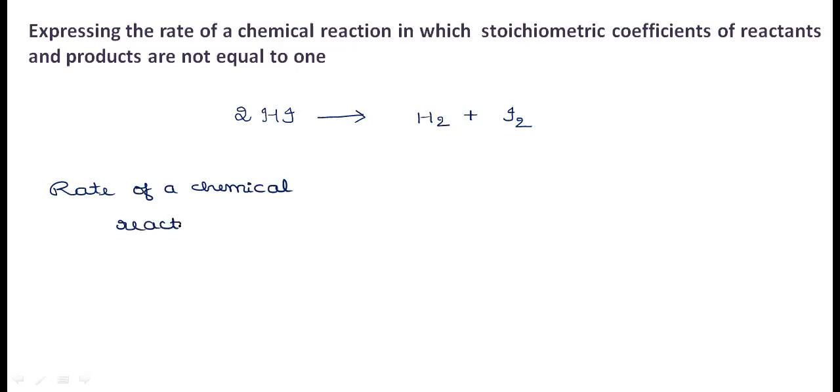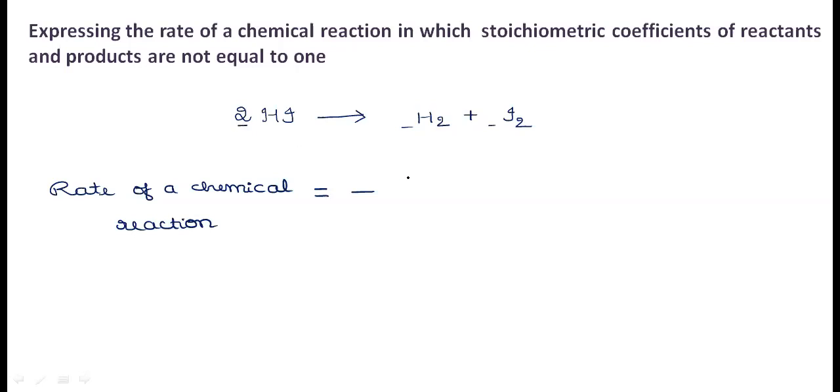Now rate of a chemical reaction will be equal to, now we know that with respect to reactant it is negative sign. So if the stoichiometric value for the respective species, either reactant or product, is 1, then there is no need to take their number.